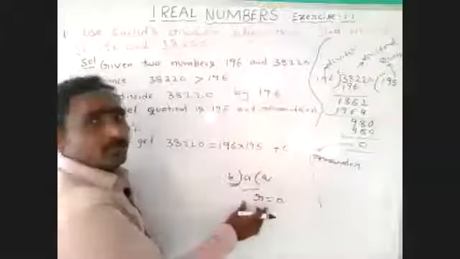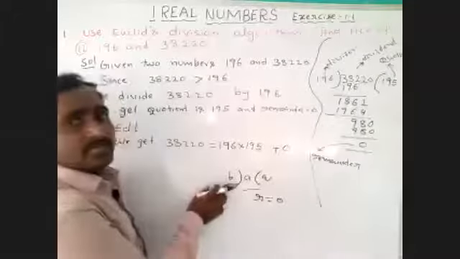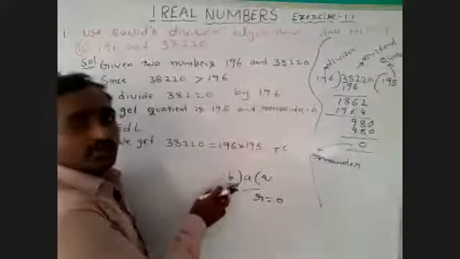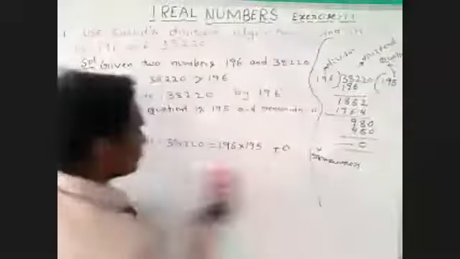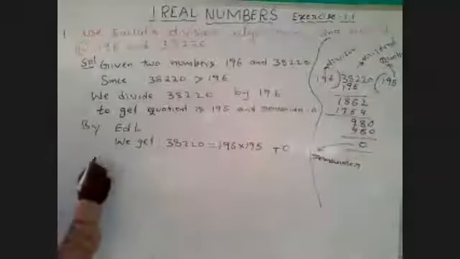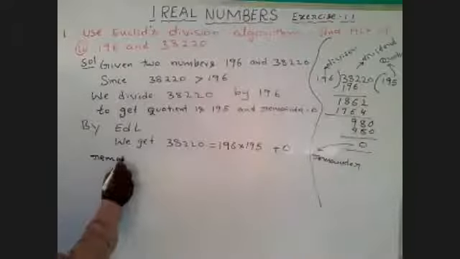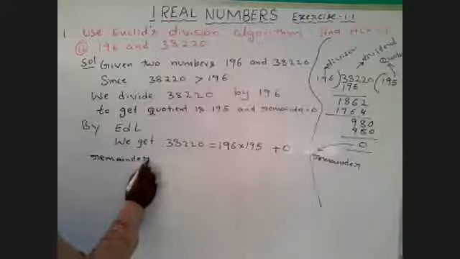If R is equal to 0, then the divisor is the HCF of the given two numbers.